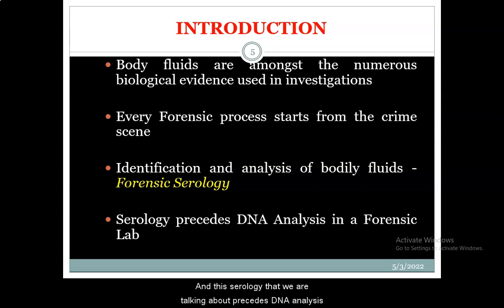And this serology precedes DNA analysis in a forensic lab. That is, when the evidence from the crime scene is body fluid, we first do serological testing before DNA analysis.